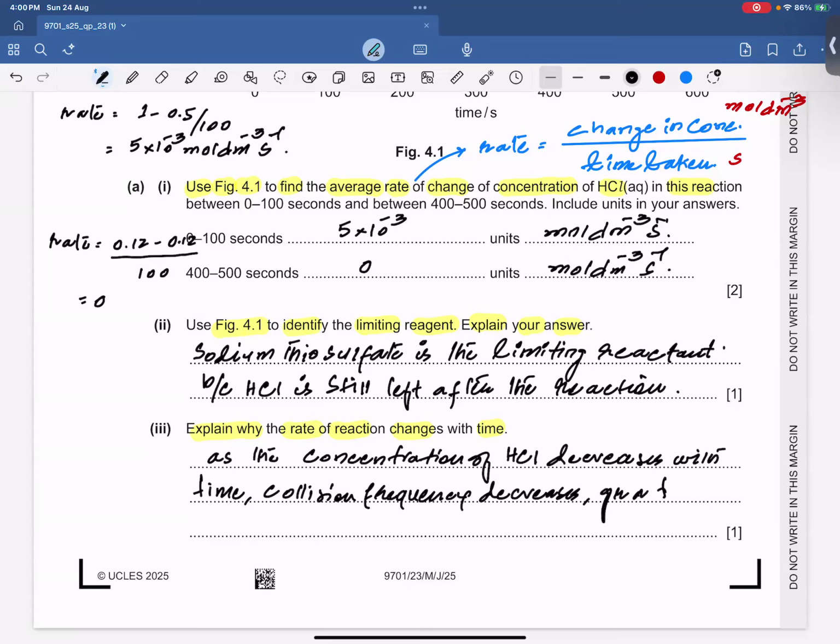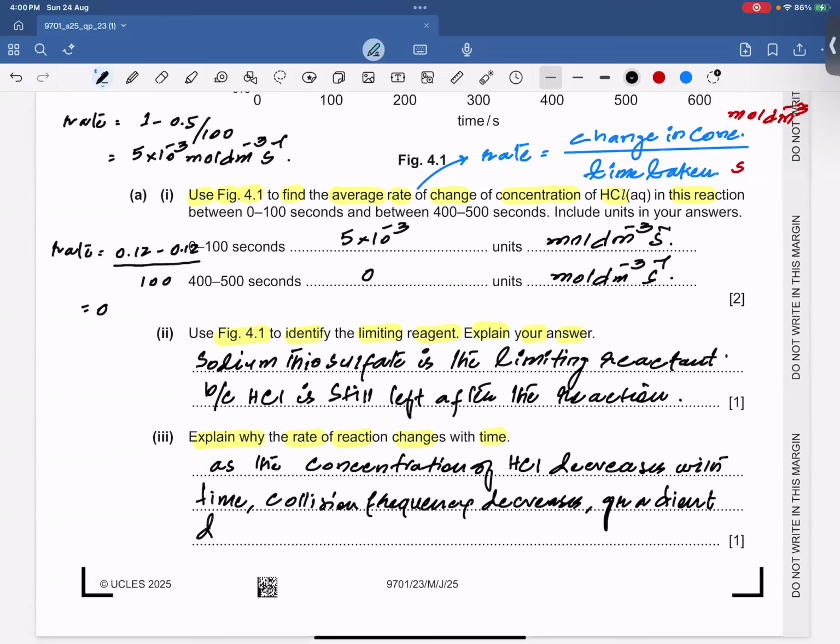Gradient decreases. So rate of reaction decreases. Okay.